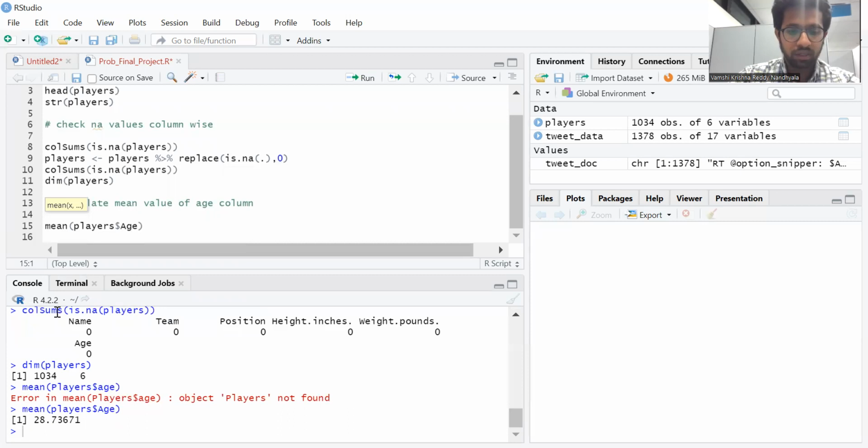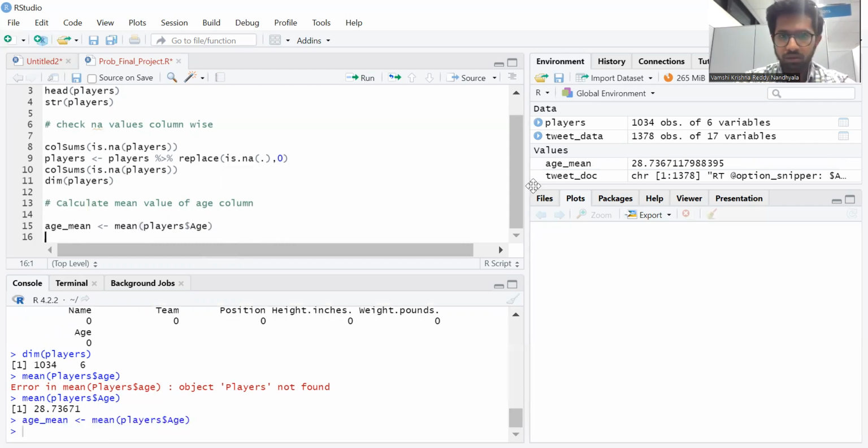28.736. So let me store this mean in the age mean variable, which can be used further in our analysis. So you could see over here 28.7.